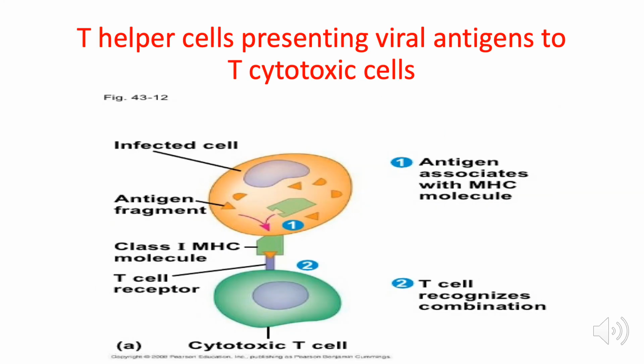Since the CD4 positive T cell will present the viral antigen using class 1, the T cell that will respond to it is the CD8 positive T cytotoxic cell. And you know very well that the T cytotoxic cell is designed to kill virally infected cells.